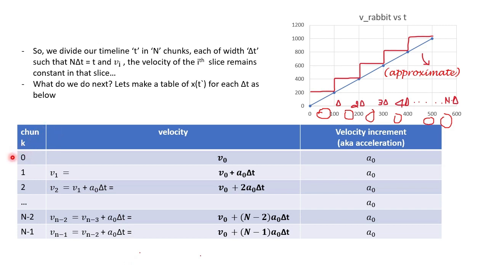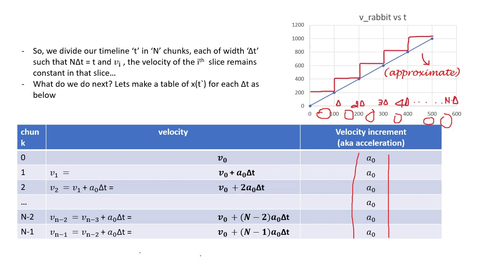The first tells us the instant of time, like which slice of time we are looking at, and then the velocity in that slice of time, and the acceleration. In the present case, the acceleration is constant a naught all the time, so we don't have to do much calculation there. But the velocity keeps changing.